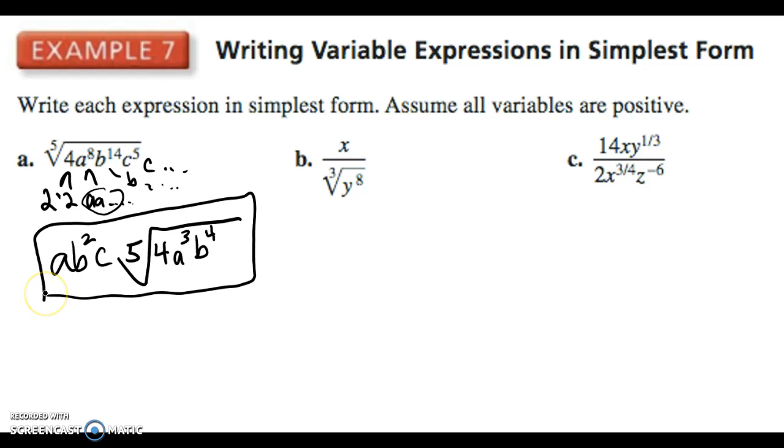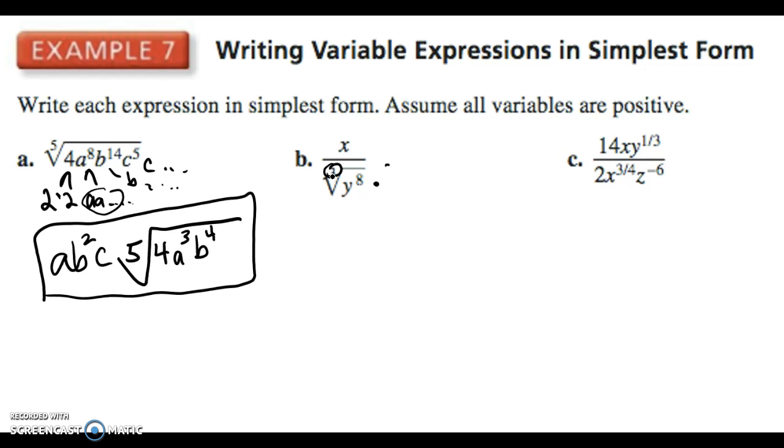Now looking at example B, we're not allowed to have radicals in denominators. Because it's a cubic or a cube root, we want a multiple of 3 in the denominator so that it can come out evenly. So right now we only have 8 y's. We would actually need 9.